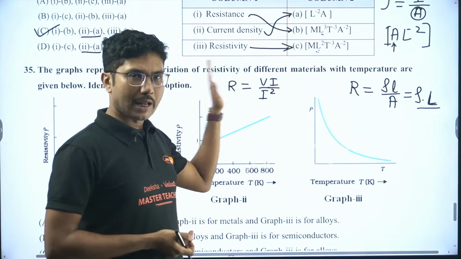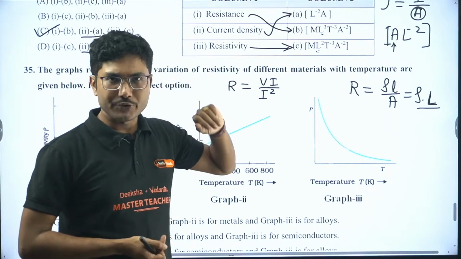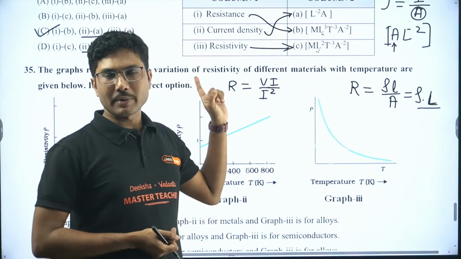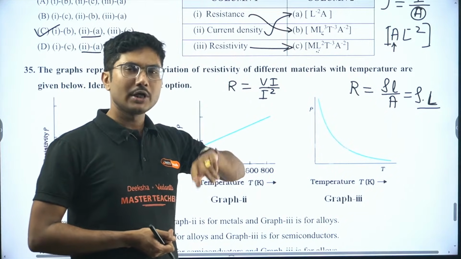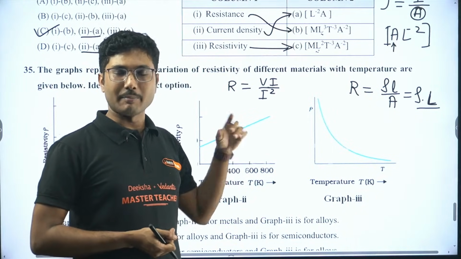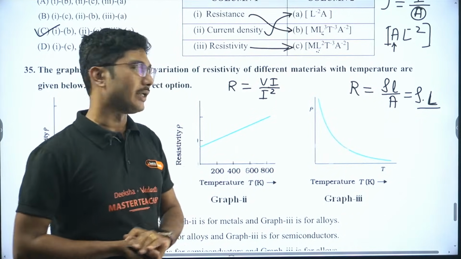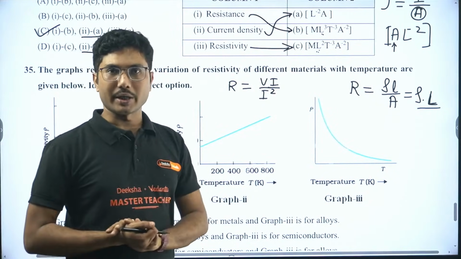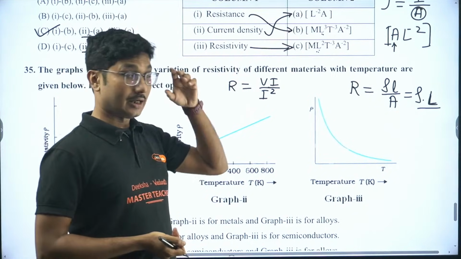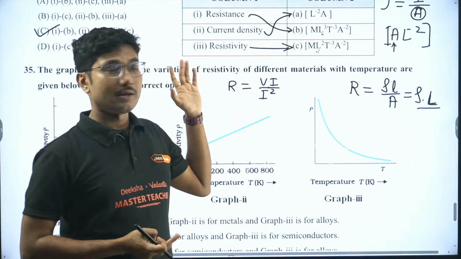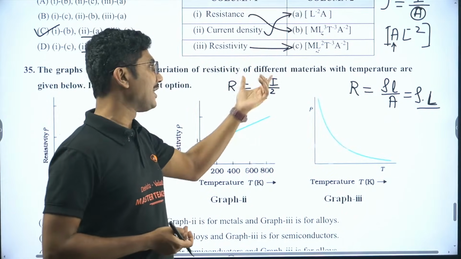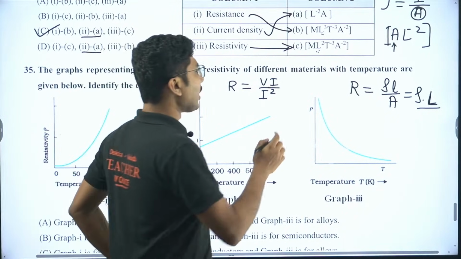Do not take the dimension of voltage, because voltage can be confusing. Voltage is not work done, by the way. Voltage is work done per charge. So you would have to multiply by time to convert it to current again. So it is better to take V into I. V into I is power.